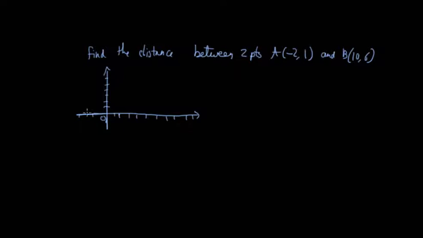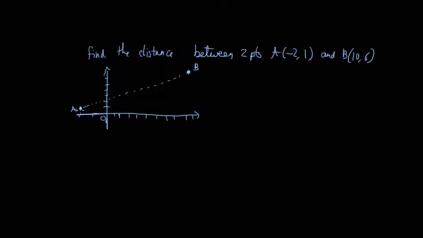So A is (-2, 1), down here, about here. And B is (10, 6), way up here. And join these two points together.